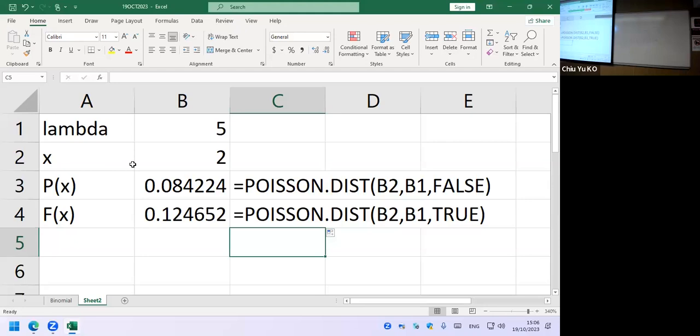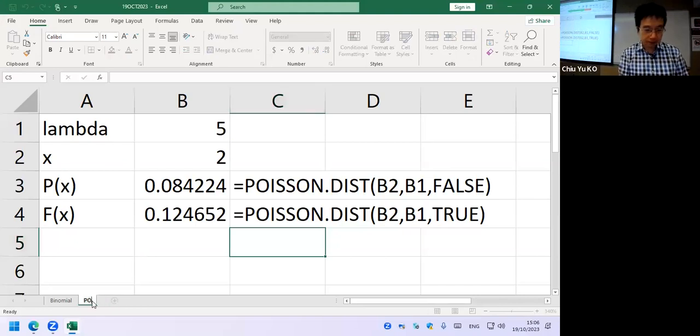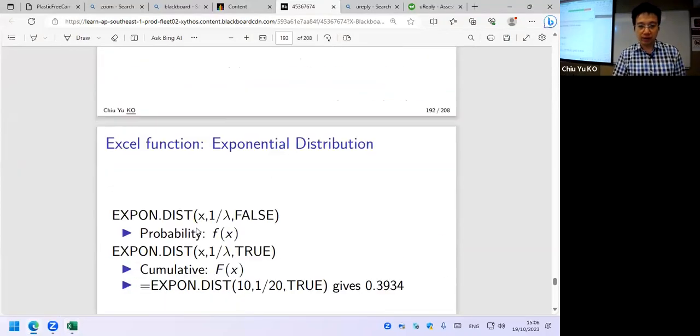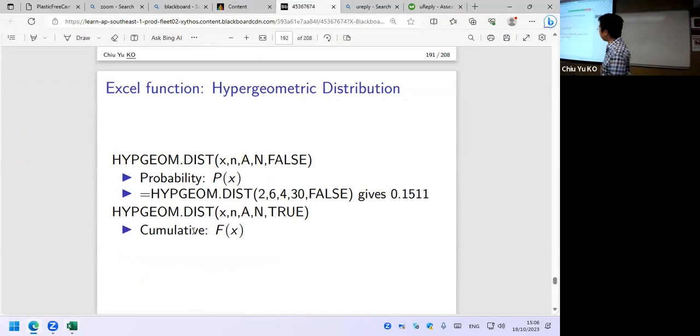Okay. Now let's try a little bit more. What I want to do now is the hypergeometric. Hypergeometric has 3 parameters, which are N, A, and n. Remember this example?